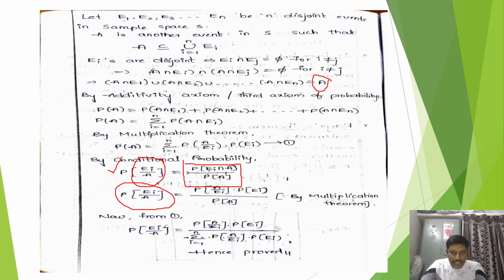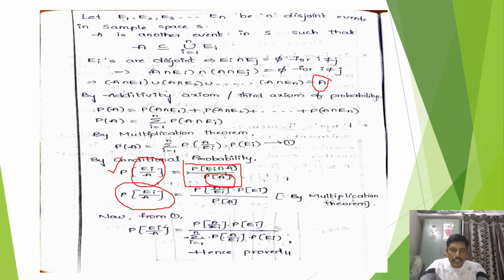P of Ei intersection A by P of A. So we need to find P of A in the denominator. What is in the numerator? P of Ei intersection A.